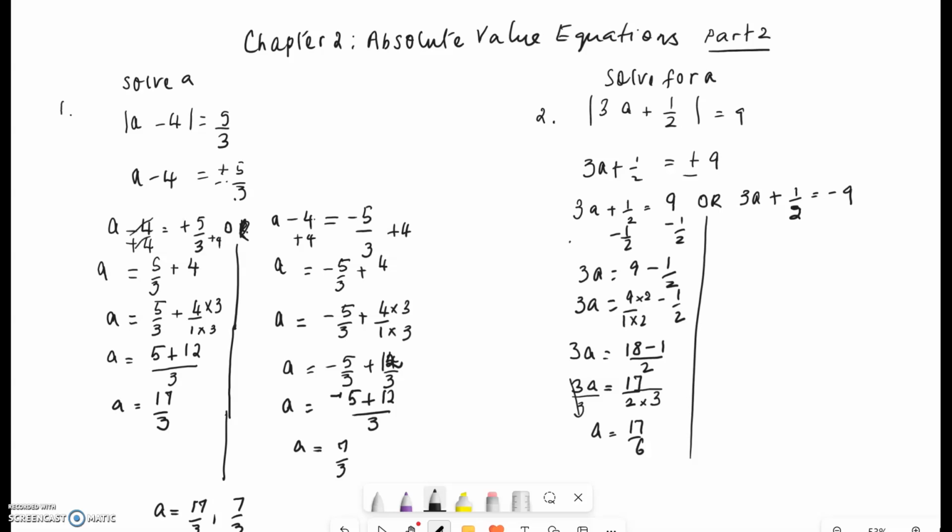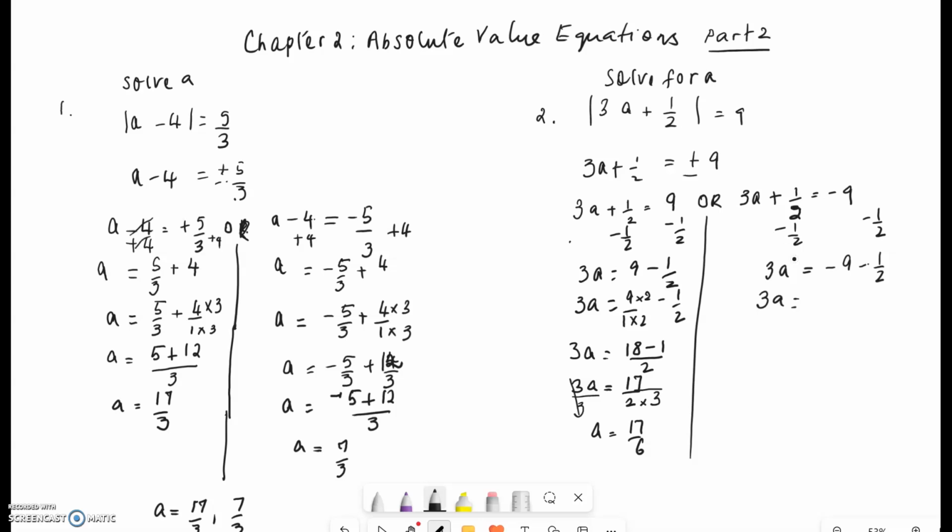Now solving the other equation, now we solve the other side of the equation. We subtract half on both sides. We get 3a equals -9 minus half. Let's simplify the right hand side first.